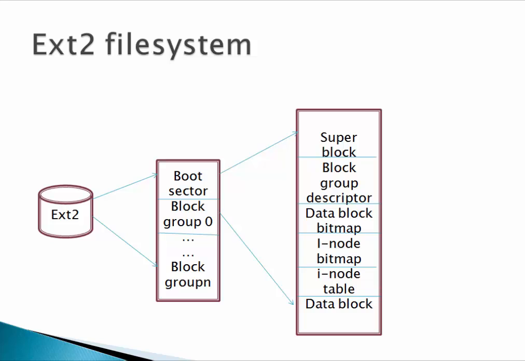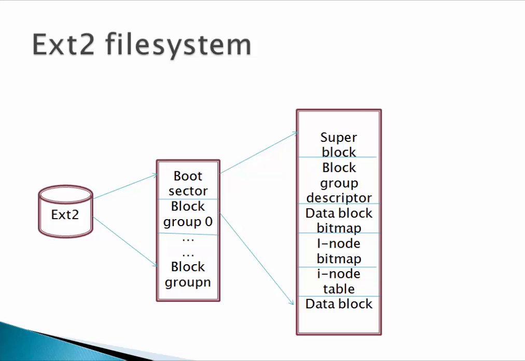How many data blocks are free, that information is stored and taken care of by your data block bitmap. In the same way, how many inodes are free is managed by your inode bitmap.